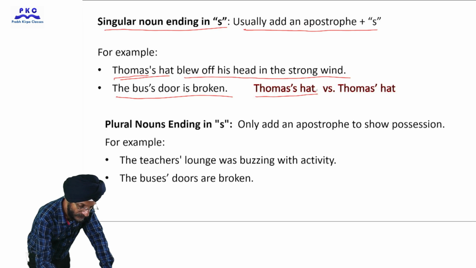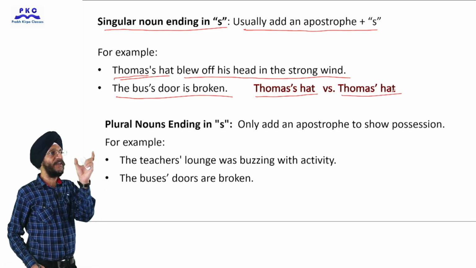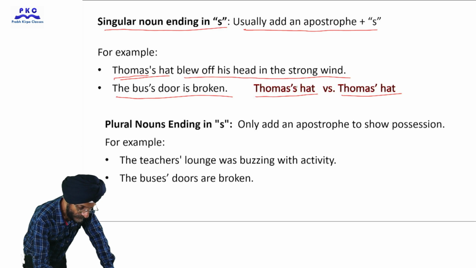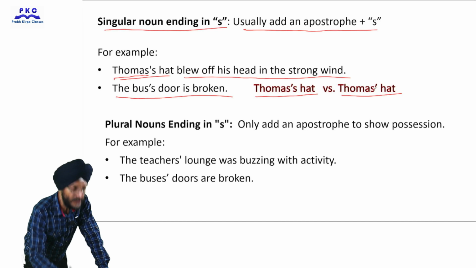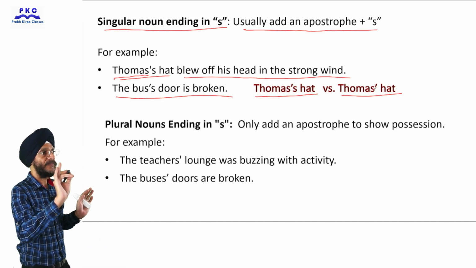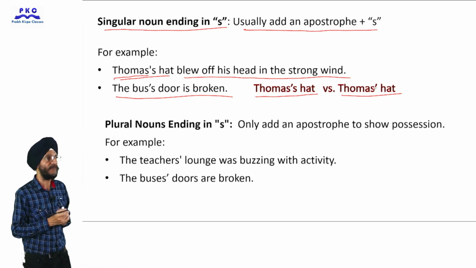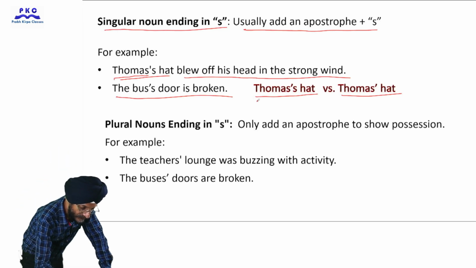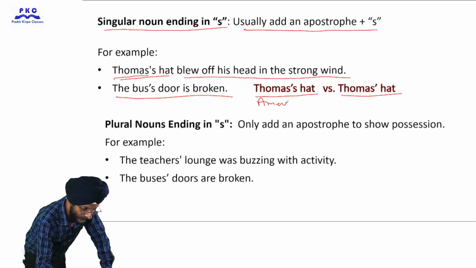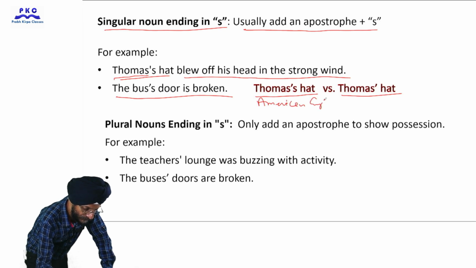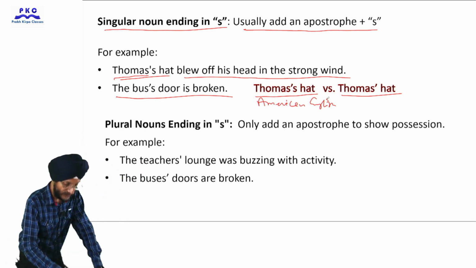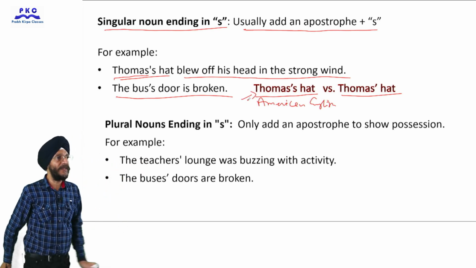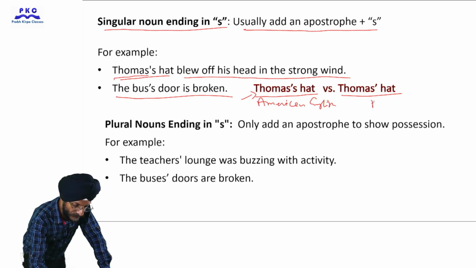Now here we have written Thomas's hat in two ways. In one, Thomas apostrophe S. In the other case, the S has not been added, Thomas' hat. Now, this is the method or type which is used in American English to show that this hat belongs to Thomas. This is used in American English, and this type is used in British English.